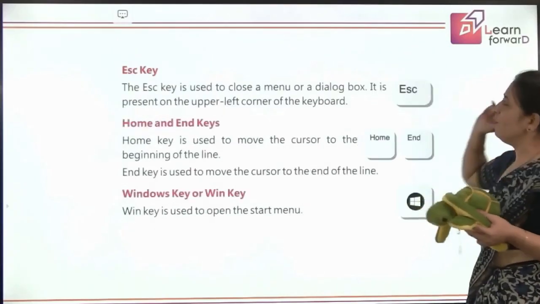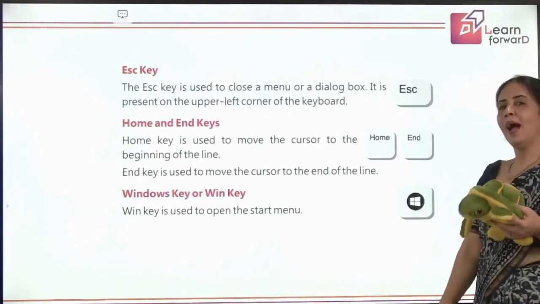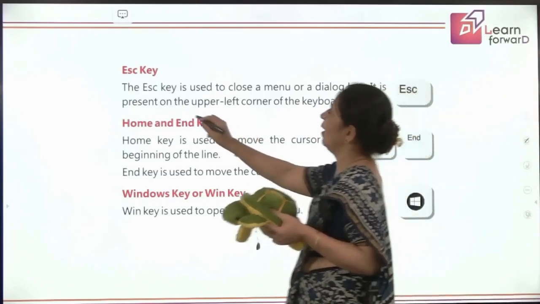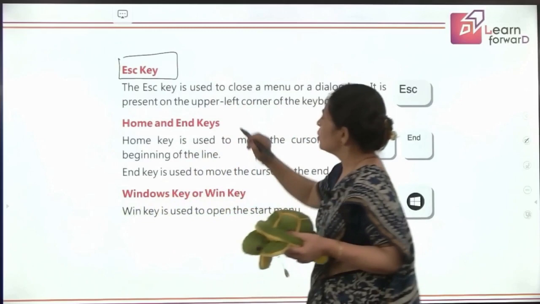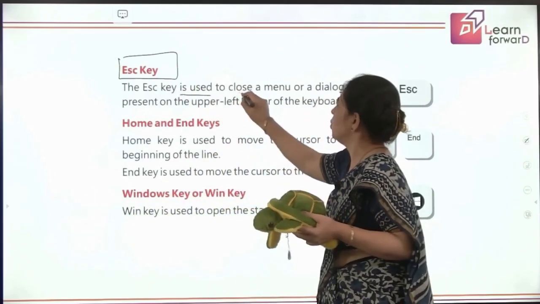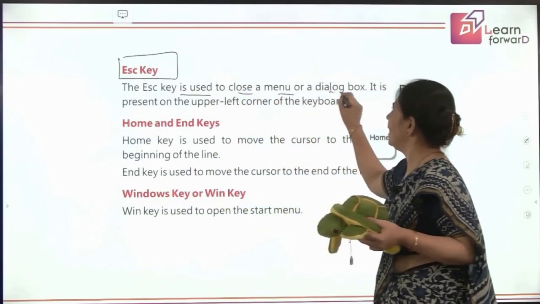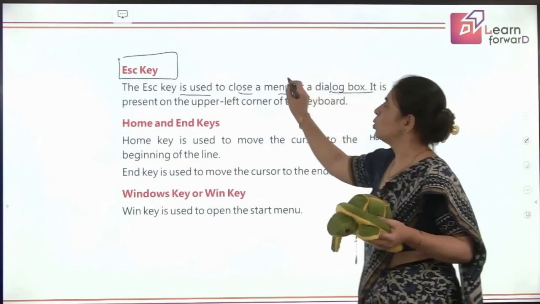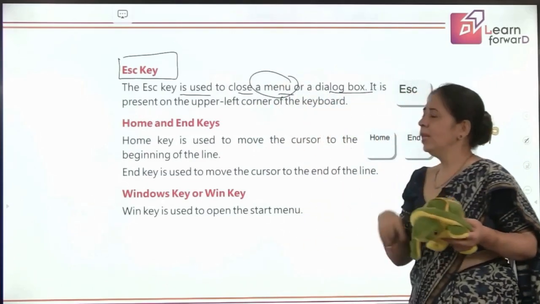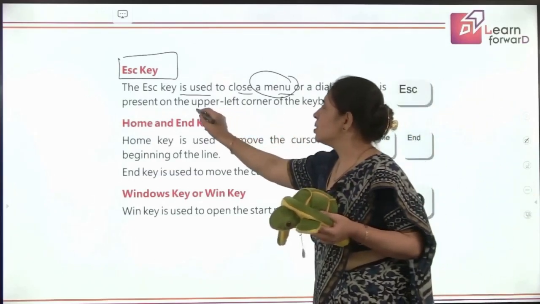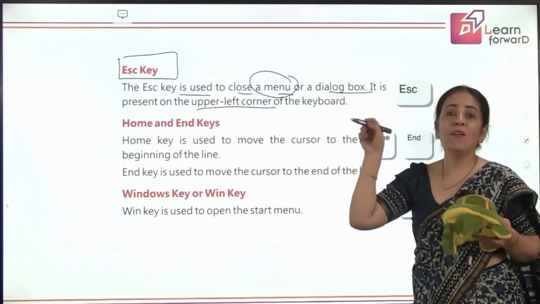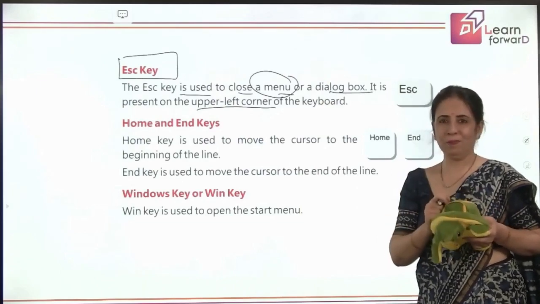So moving further with the journey and looking at what we have in the treasure, the escape key. The escape key is used to close any dialog box or to close any menu that is presently open, and it exists on the top left corner of the keyboard, right?